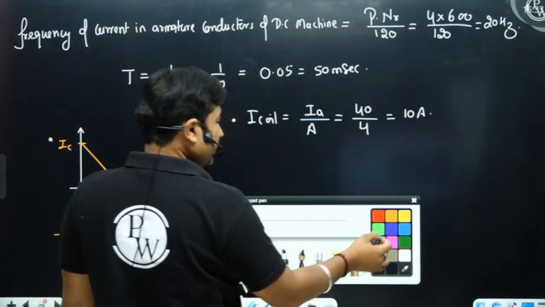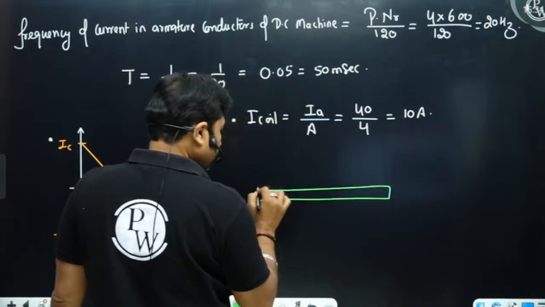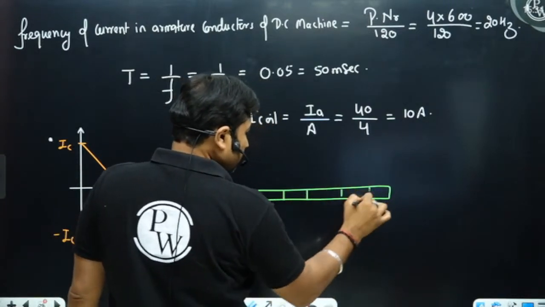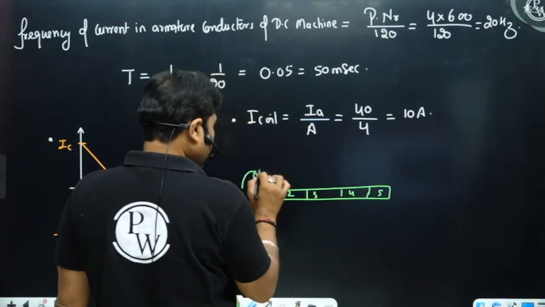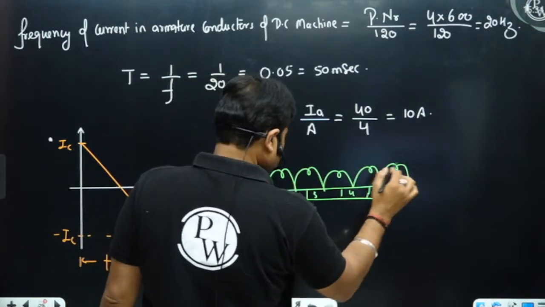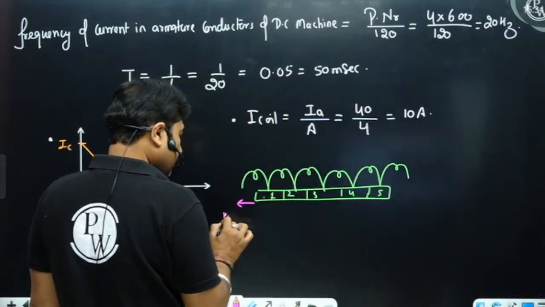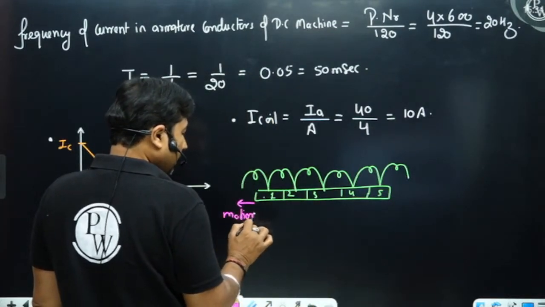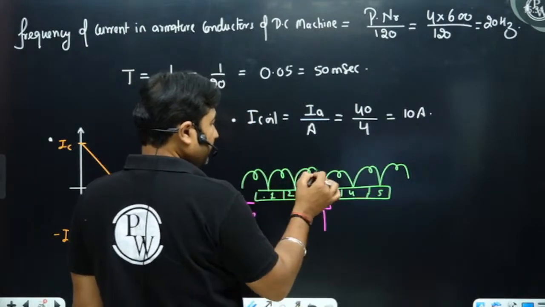We all are aware of the term commutation. What happens in the commutation, sir? Suppose we have commutator segments 1, 2, 3, 4, 5, and so on. These are the coils. Suppose we are moving this coil along with the commutator in this direction, and we have a brush here.